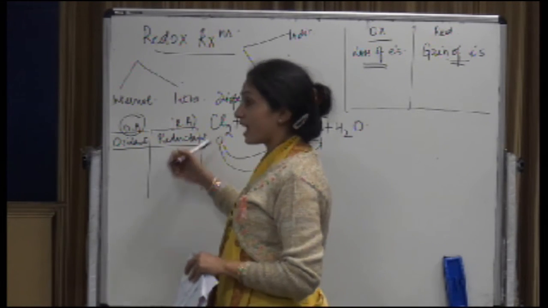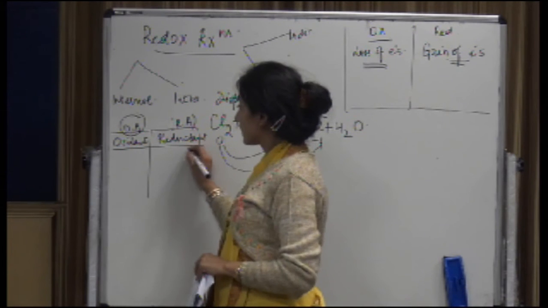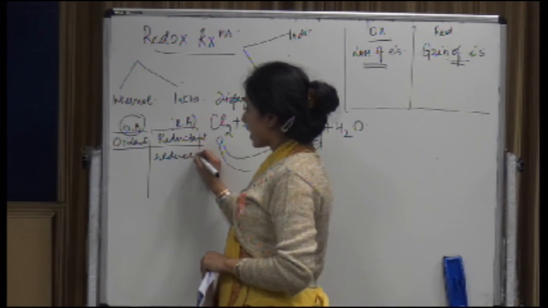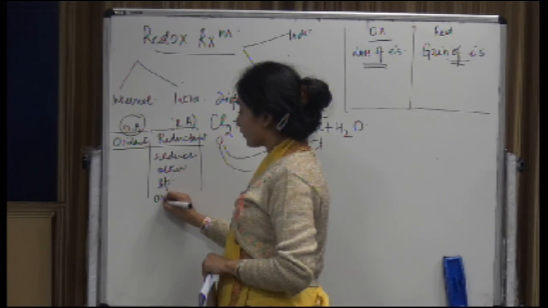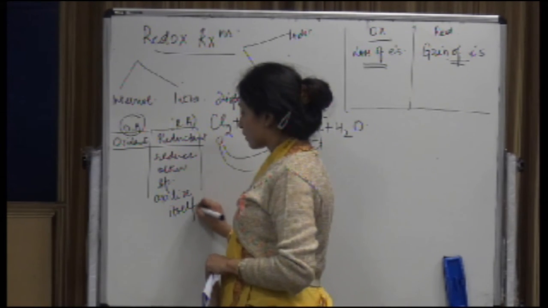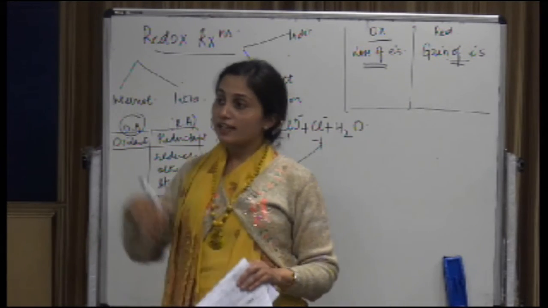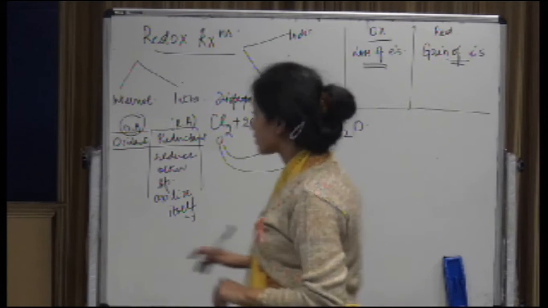So that means it will have a much higher self-oxidizing power. So it will reduce other species and oxidize itself, right? You just remember one and the other one is automatically remembered. So what is an oxidizing agent going to do? It will oxidize other species and reduce itself, right? This is what it is going to do.